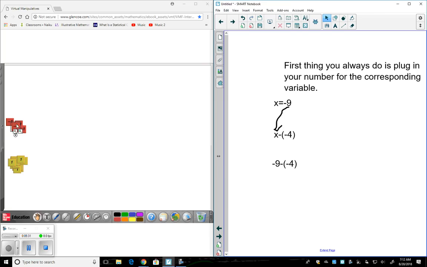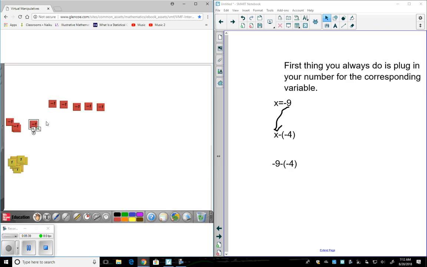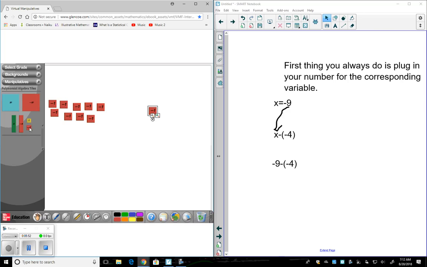So now using my algebra tiles, I'm going to pull out -9. And then I'm going to pull out a -4. 1, 2, 3, 4.